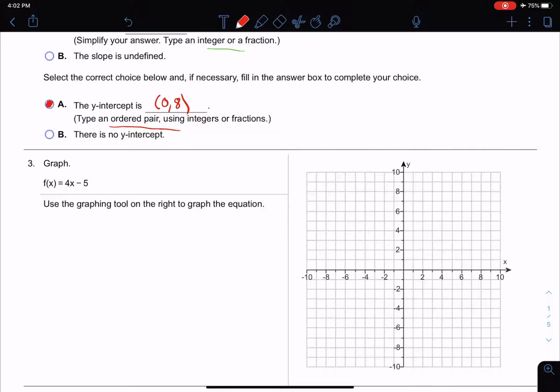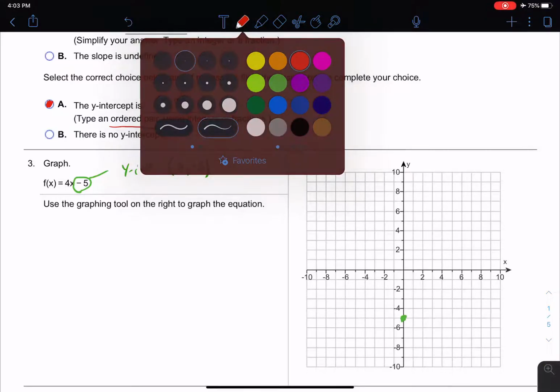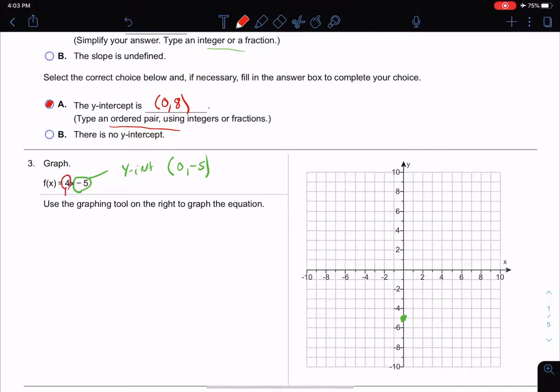Well, we always start with our y-intercept. That's a starting point for us. The y-intercept, of course, if we write it as an ordered pair, is 0 comma negative 5, and that is down here. Now we take a look at our slope, and the slope, of course, is the coefficient in front of that x. 4 over 1 literally means go up 4 and right 1.